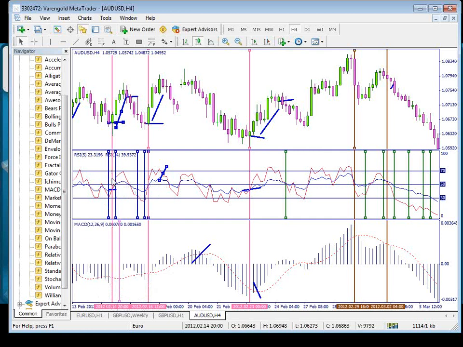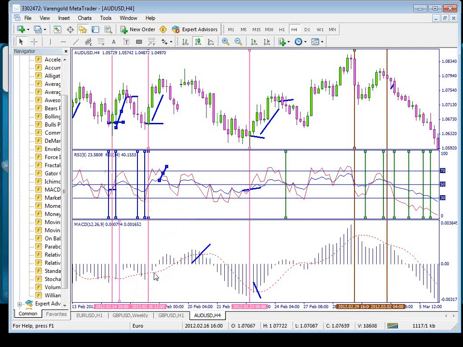We have also this signal from the cross of RSI, and those are the signals from 1 hour. But at this moment we are not interested in those blue signals.